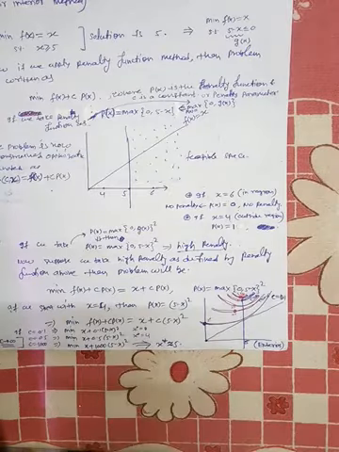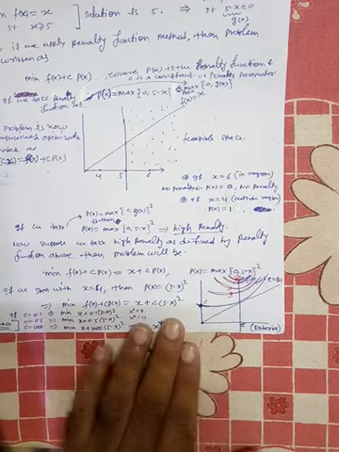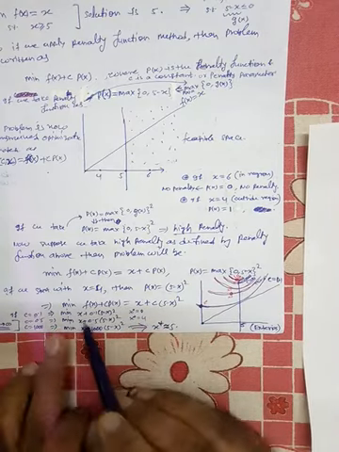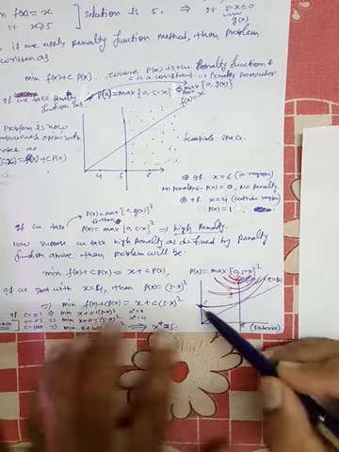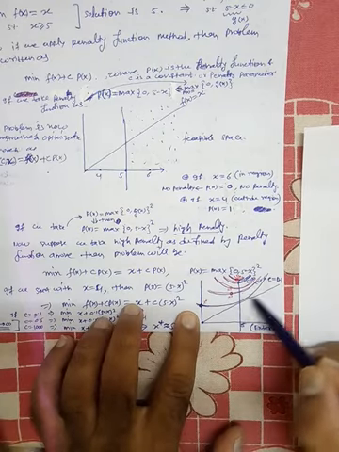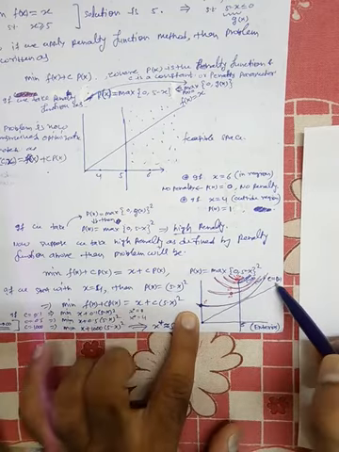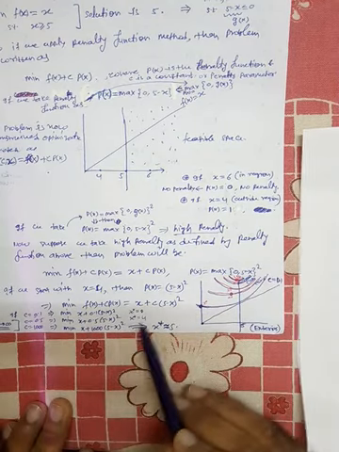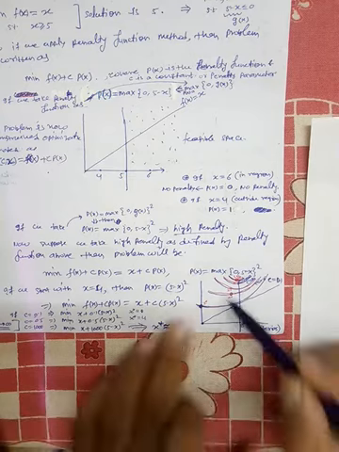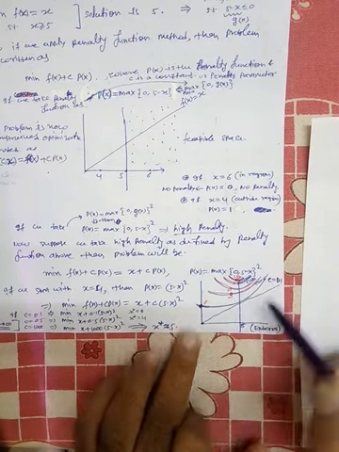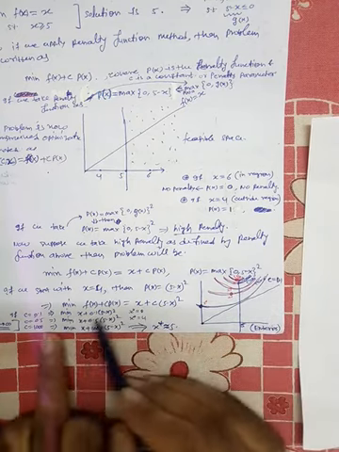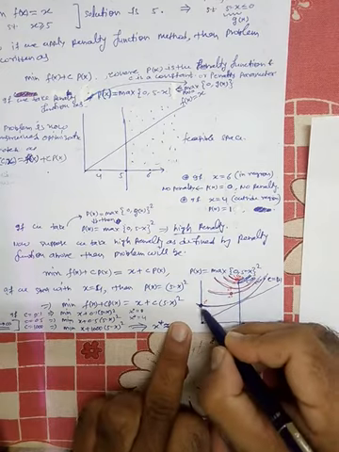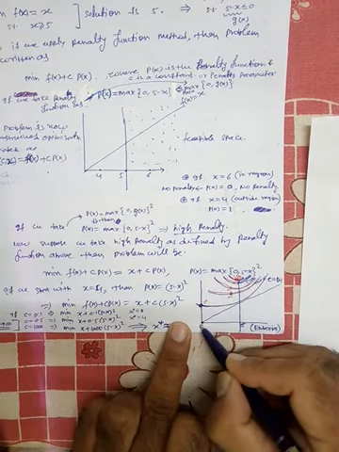Now if you see the graph for the first one, for c equal to 0.1, this is the problem, and this will be the curve. The optimum solution is x star here, which is 0.